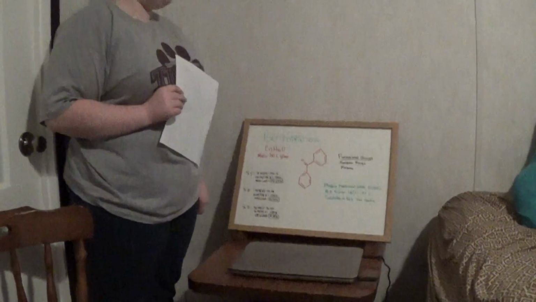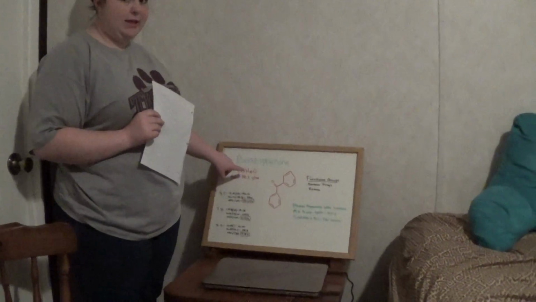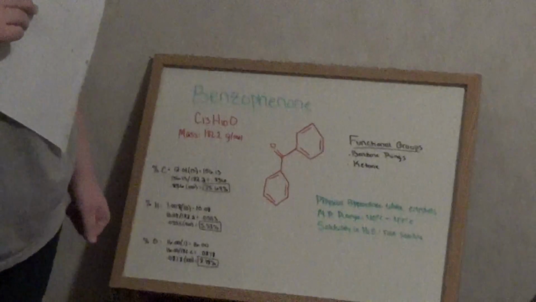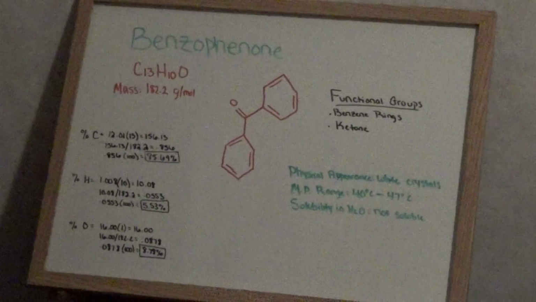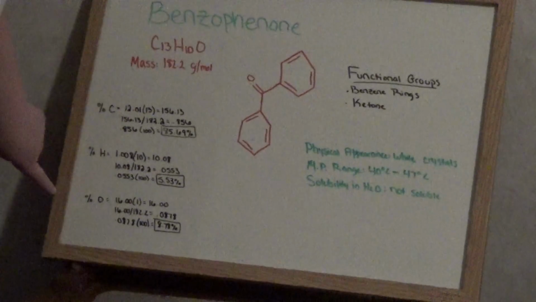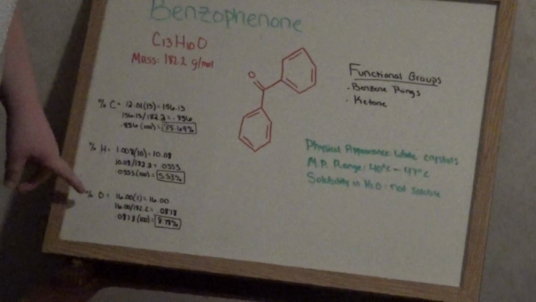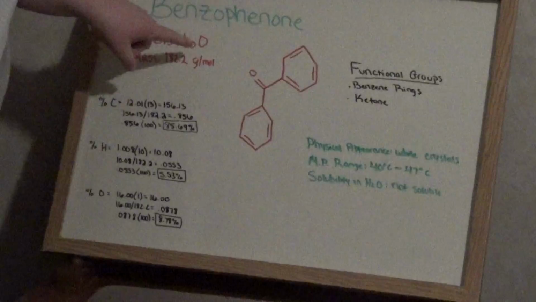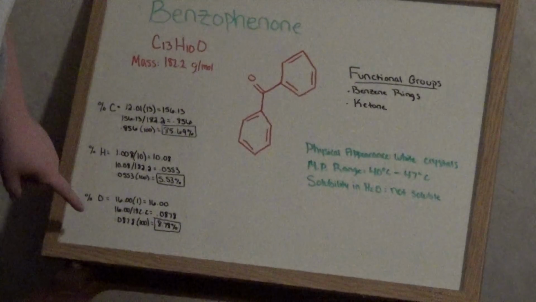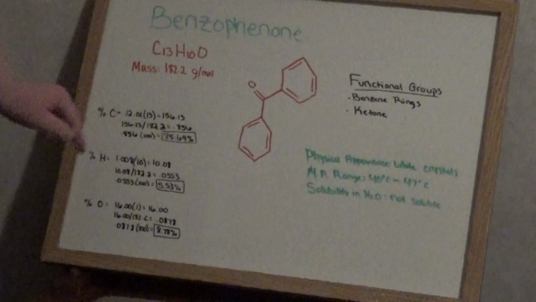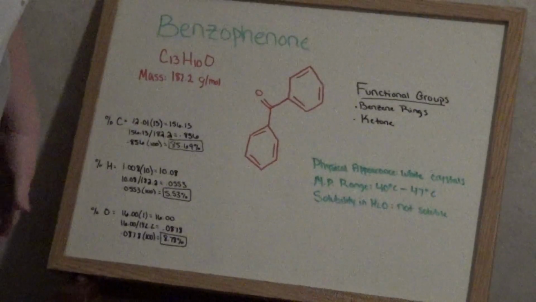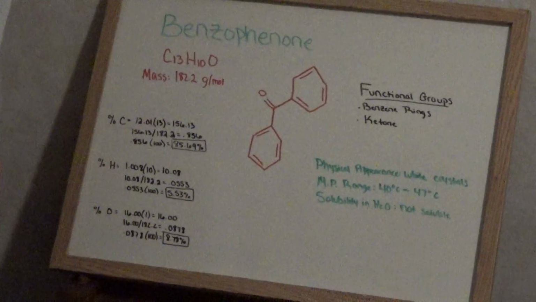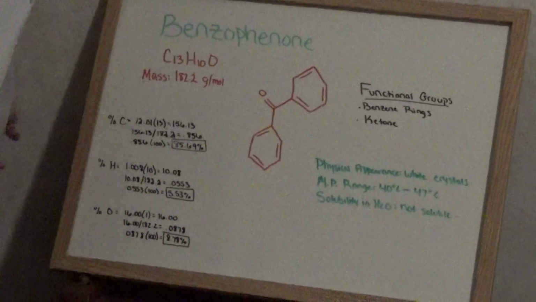The percent H was found by taking 1.008 times 10, which is how many hydrogens we had, to give 5.53%, which also matched the given percent H exactly. And then the percent O was also found, which was multiplying 16 times 1 oxygen, and that gave us 8.78%. By adding up these three percentages, it equaled 100%, which helped determine that the unknown compound was benzophenone.